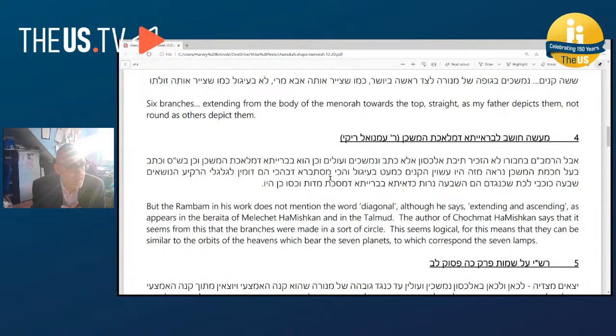But he quotes a work called Kosav Ba'al Chochmat HaMishkan, the author of a work which I'm not familiar with, called The Wisdom of the Mishkan, says the branches were made in a kind of circle.